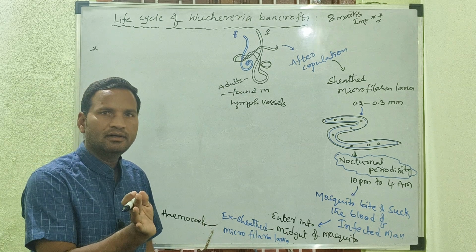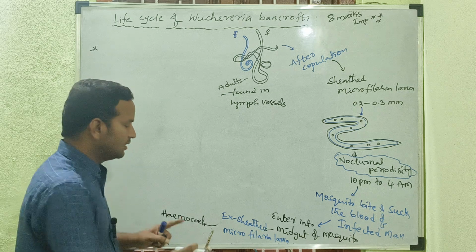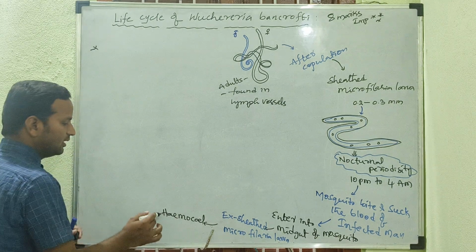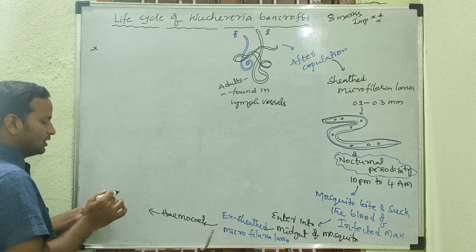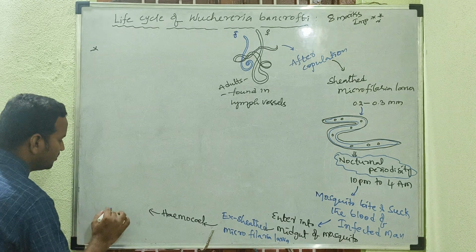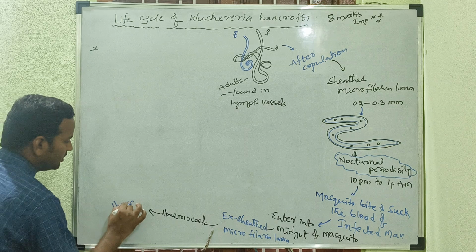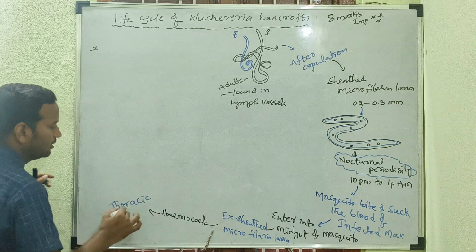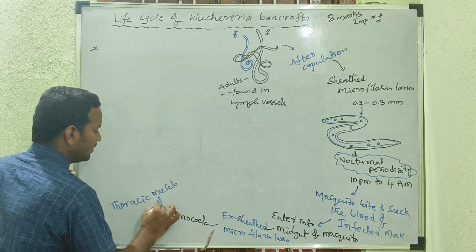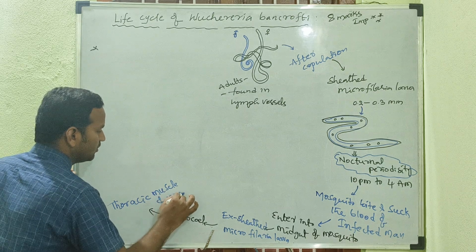Penetrates the wall of the gut and reaches the hemocoel. Then from there, it reaches the thoracic muscles of the mosquito.